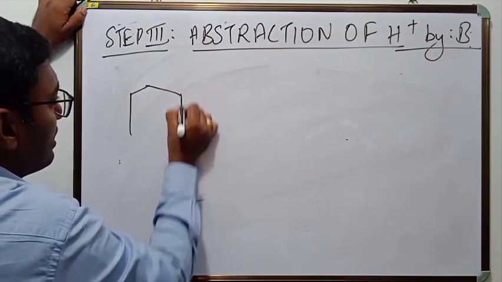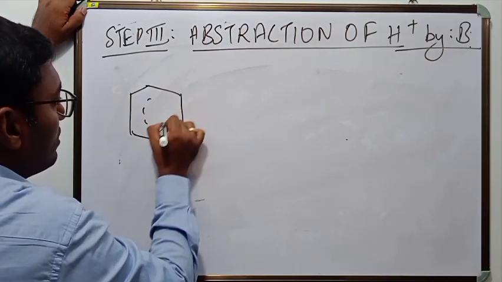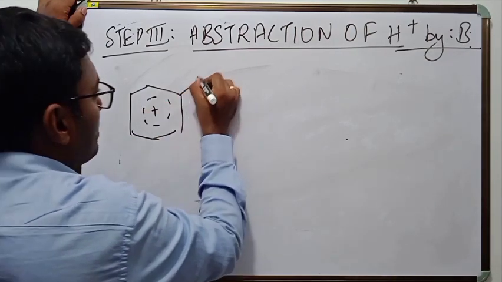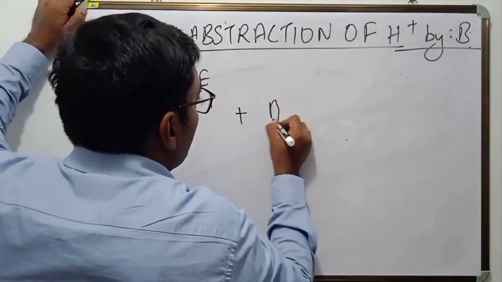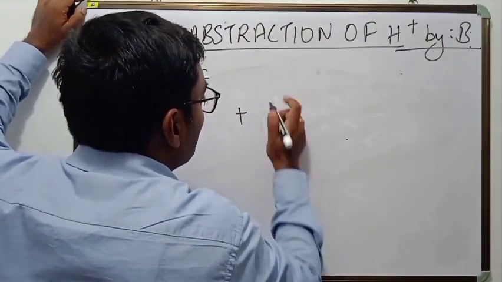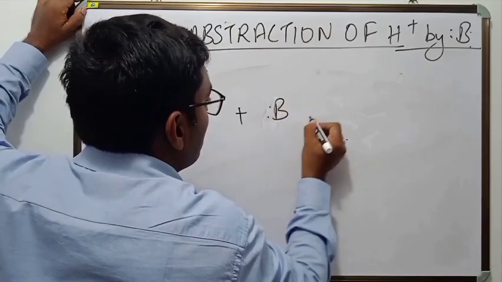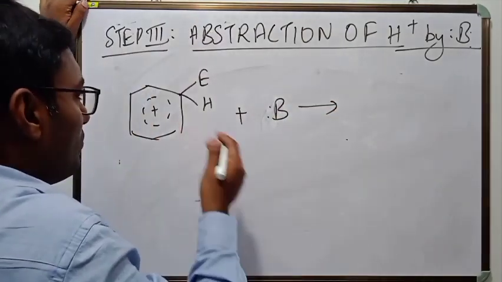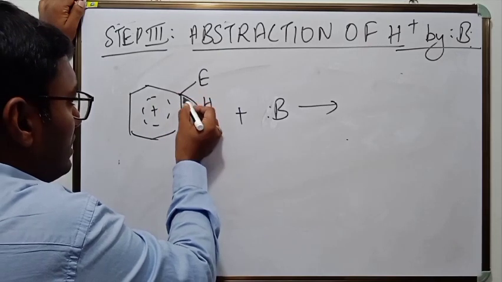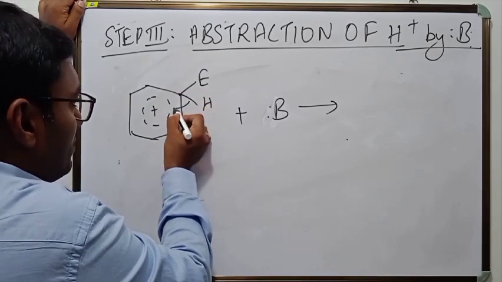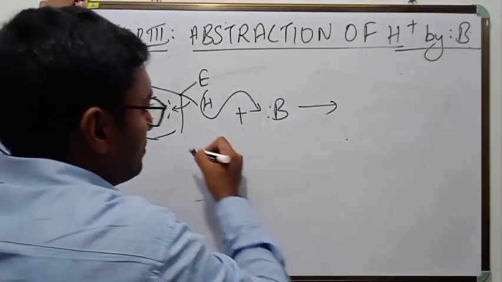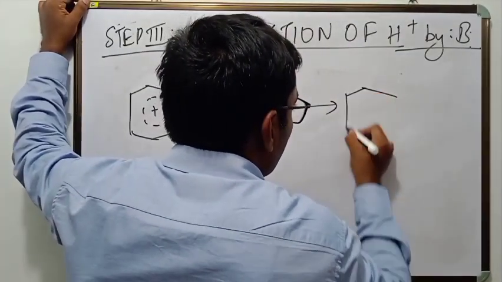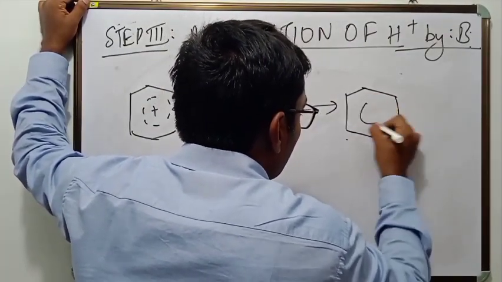Let us draw our carbocation. Overall, you know it's positive. Here it is E, here it is H. Now the base is there. What would happen? This electron pair would come into the ring system and H would go and attach itself to the base. So everything is solved now.